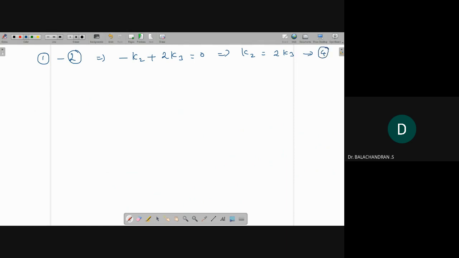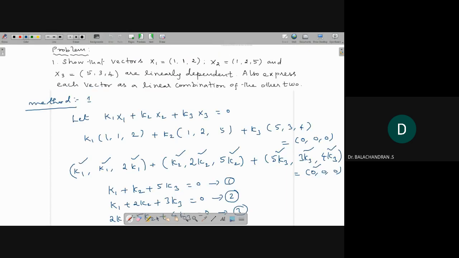Now I am going to substitute k2 equal to 2k3 in the third equation.